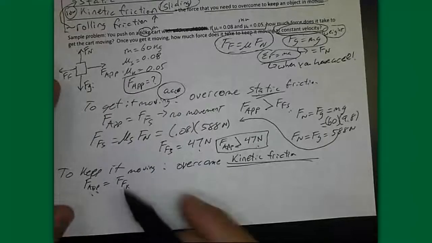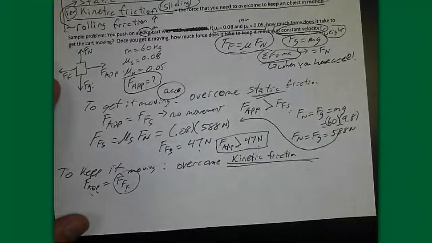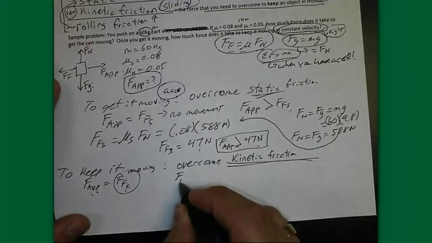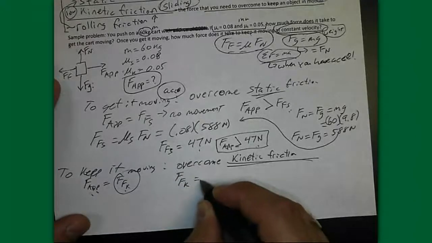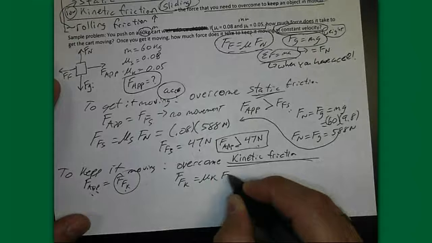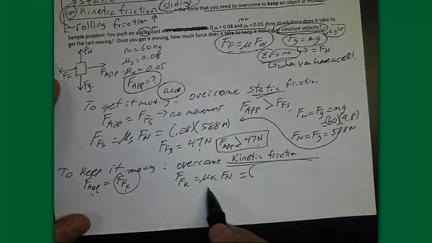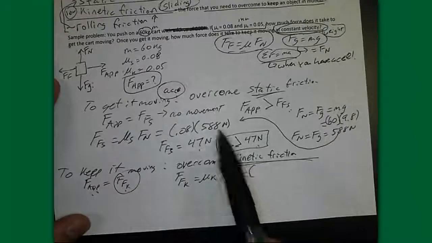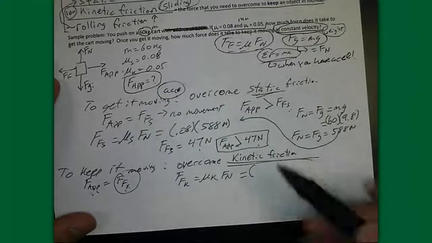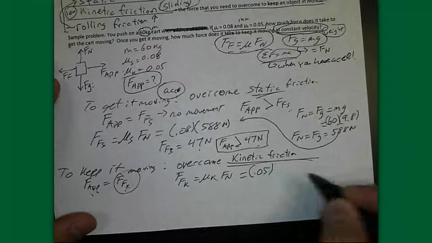And once again, I just need to know what the frictional force is. And I will calculate it the exact same way in this one. The kinetic frictional force equals mu k times the normal force. So now it's the same exact equation, except I use a different coefficient. That's why they gave me two coefficients. The other one is 0.05. The kinetic is the one I will use for this problem.